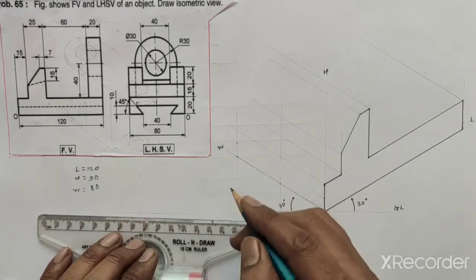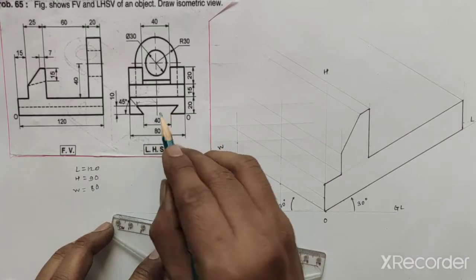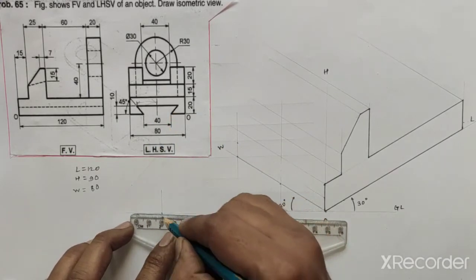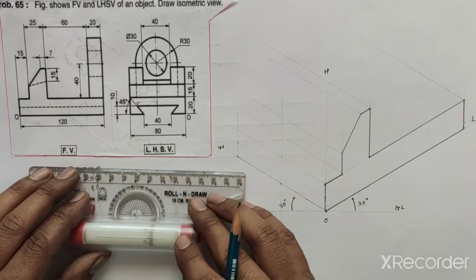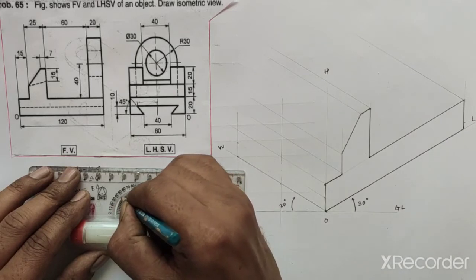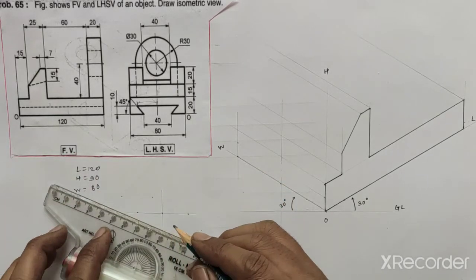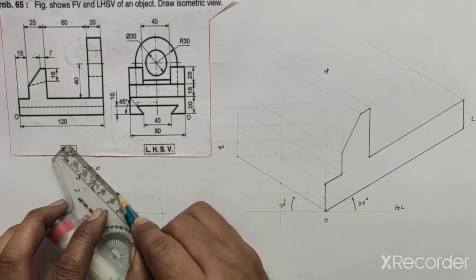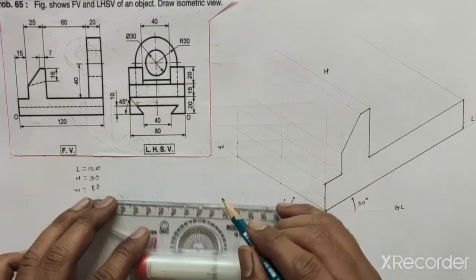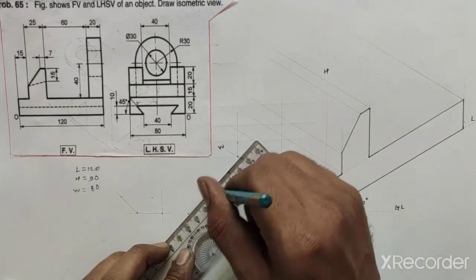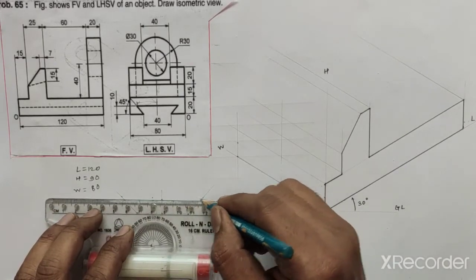For this we draw the actual image from this point. Exactly two corners will appear at 40 mm, means mark 20 mm on both sides. Then draw the 45 degree line, and vertically the depth is 10 mm.